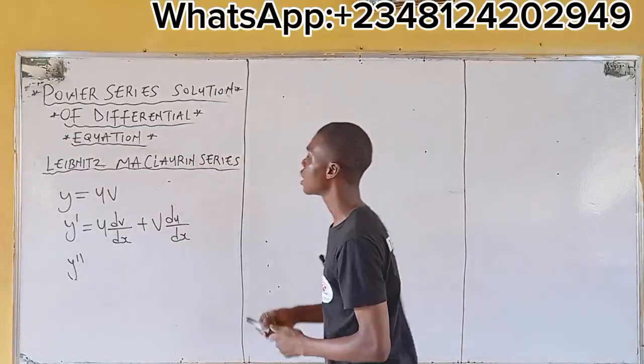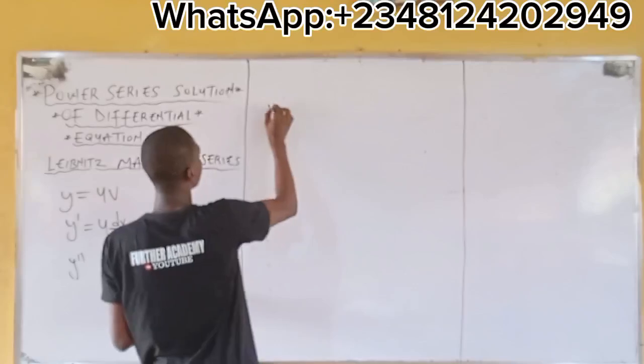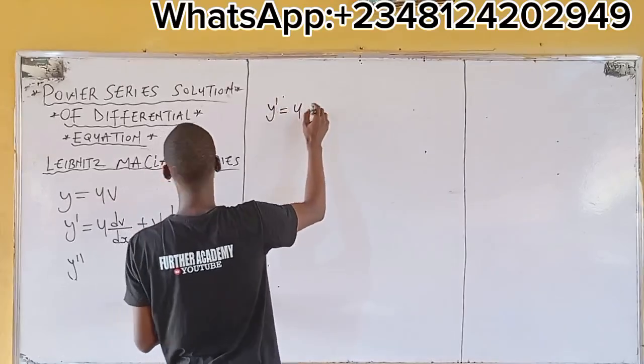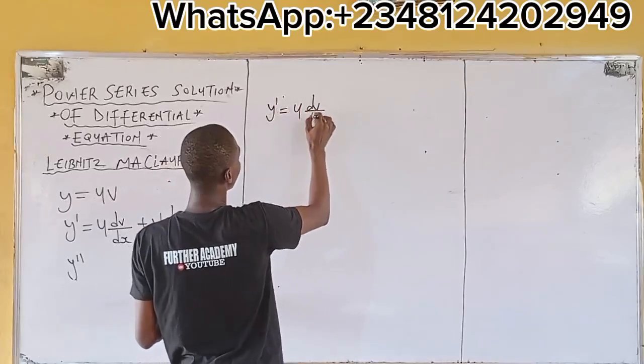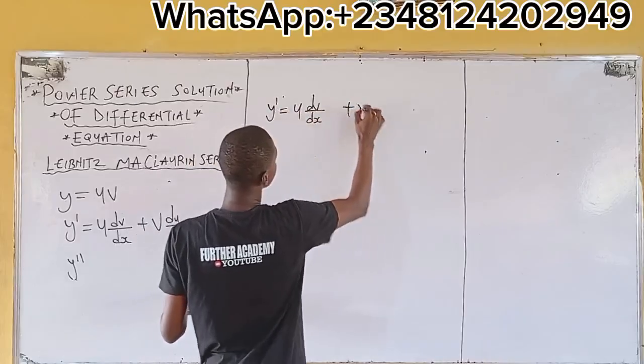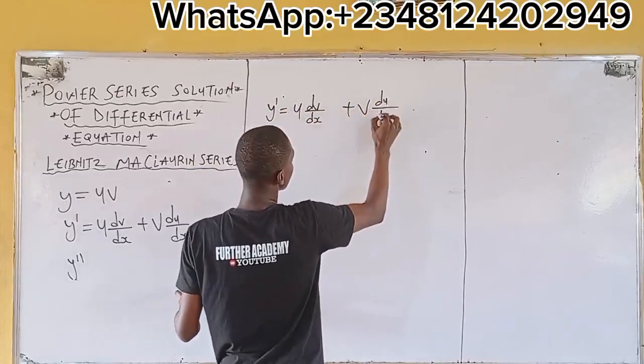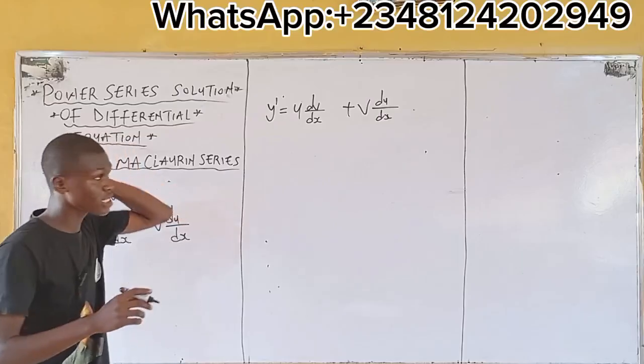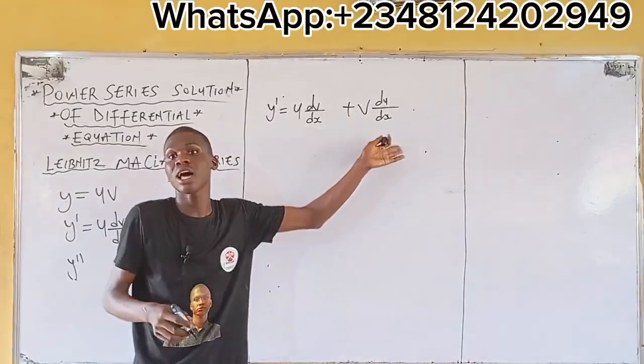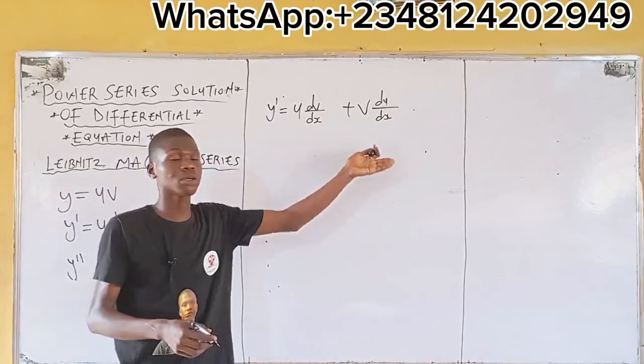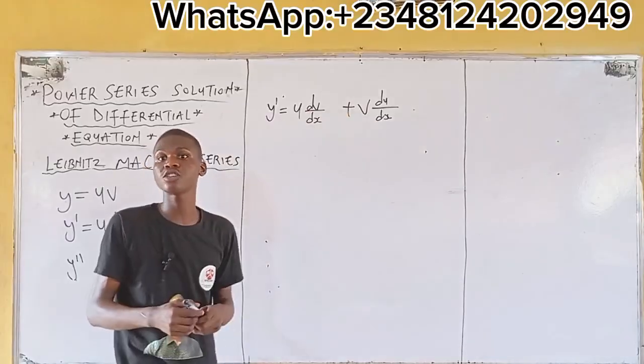Now, by doing that, y prime is equal to u dv over dx plus v du over dx, right? How it works is that we want to solve this particular function. What do you use? You make it a product rule.